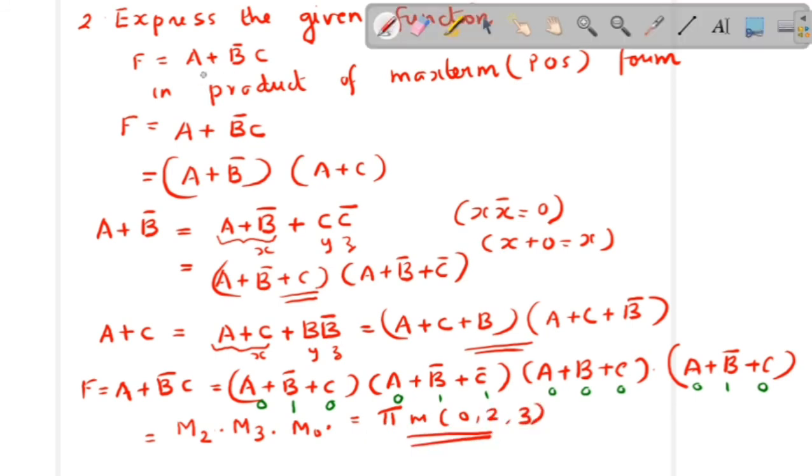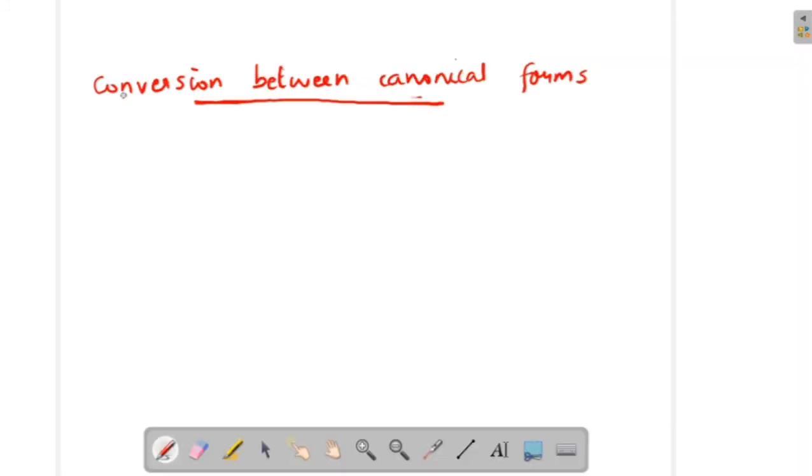Okay, so here we expressed f is equal to a plus b complement c as pi of m of 0 2 3. That is canonical POS form. Okay, next our aim is conversion between canonical forms. Suppose we are given a function f is equal to sigma m of 1 3 6 7.